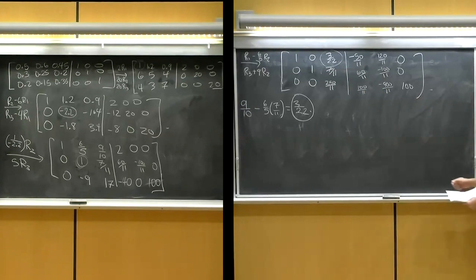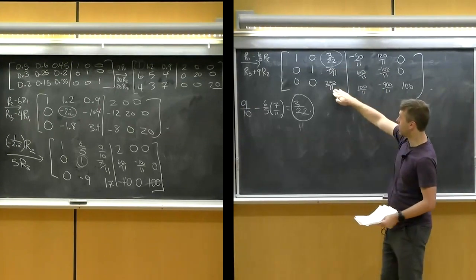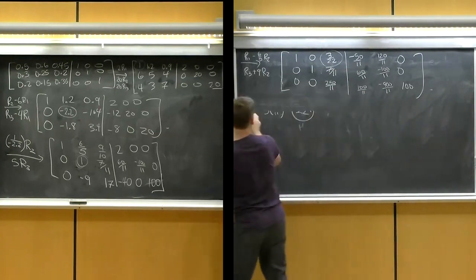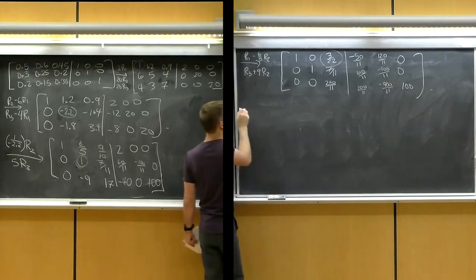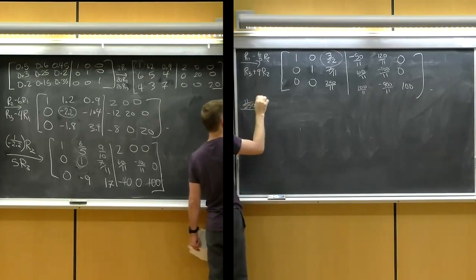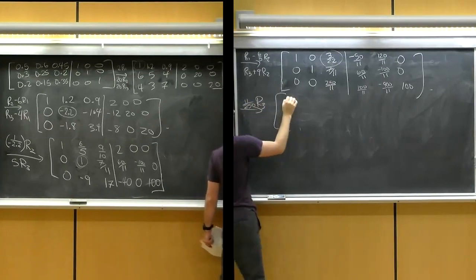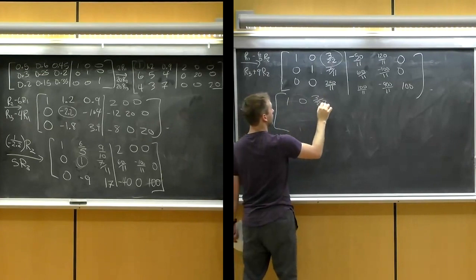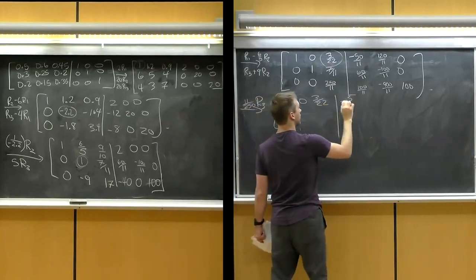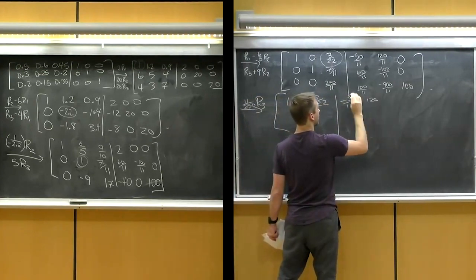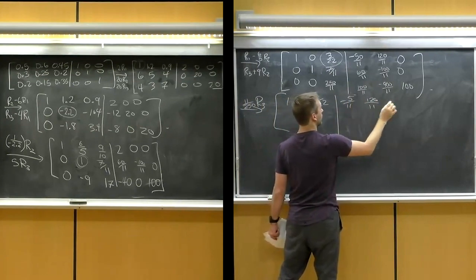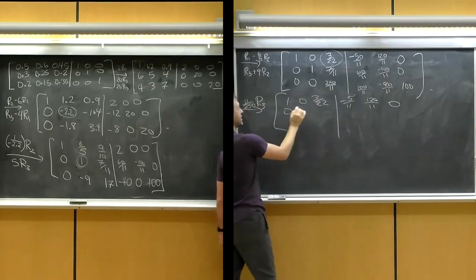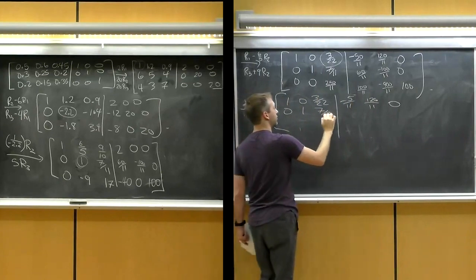Okay, so now I want to get a 1 here. So I take 11 over 250 times row 3. So everything stays the same except for the third row.